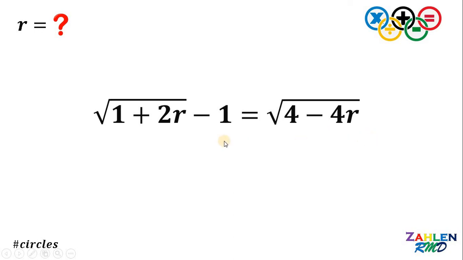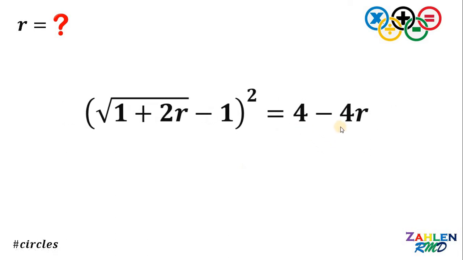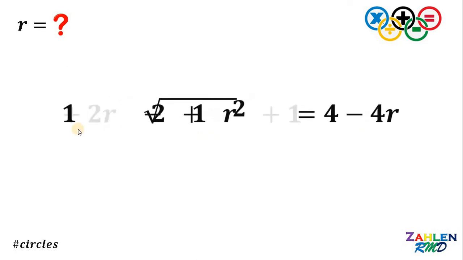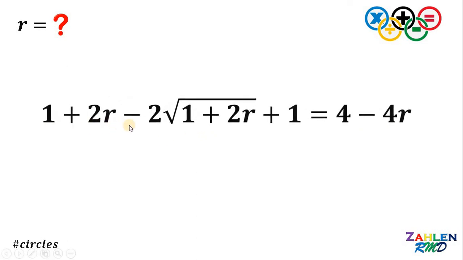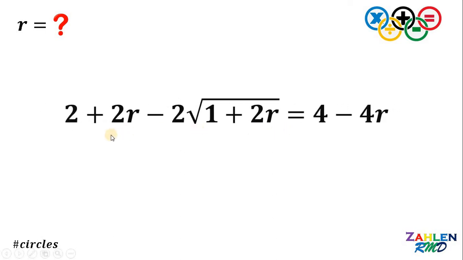Now what we're going to do here is to solve for r, and that's our goal. So first thing to do is to square on both sides. Now the right hand side of our equation becomes 4 minus 4r. And the left hand side of our equation becomes 1 plus 2r minus 2 times square root of 1 plus 2r plus 1. Now, 1 plus 1 will give us 2. Subtract 2 on both sides.